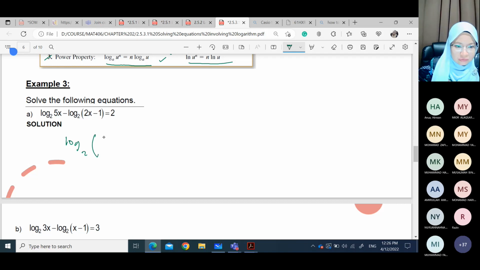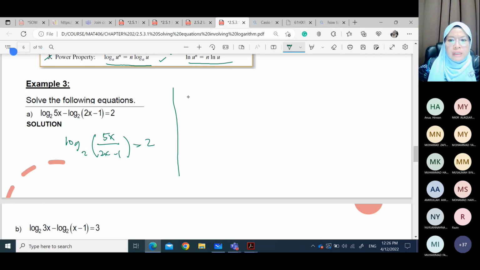So we have 5x over 2x minus 1 equal to 2. Okay. So based on this, we form it into index form. So dalam index form, kita akan dapat 5x over 2x minus 1 equal to 2 to the power of 2.